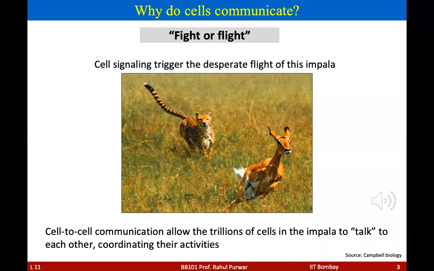Because right now, under attack, this impala needs a lot of energy to run very, very fast. So the body's brain, muscles, and the energy system, they all have to work in coordination so that this impala can escape from this attack. And how it happens, that's what we are going to learn.